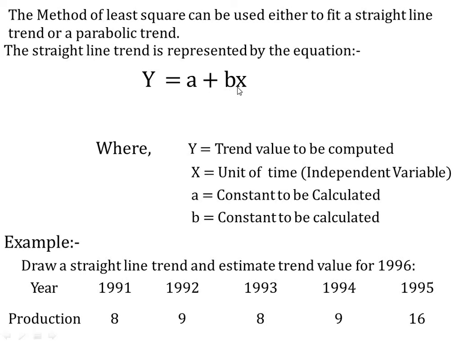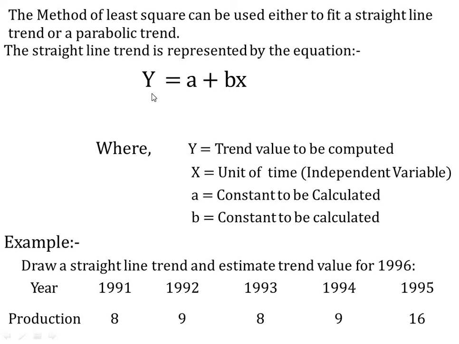This is going to be my equation of trend line, where a and b are constants and x is the independent variable, and in time series data the time is always the independent variable. So x will be the time variable, y will be the other relevant variable given in the time series, and a and b are the constants.